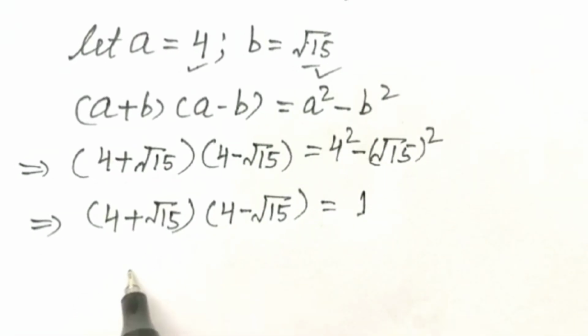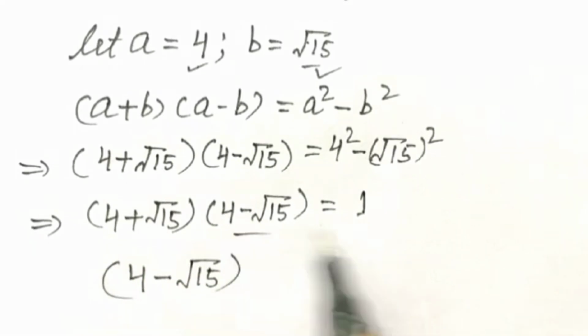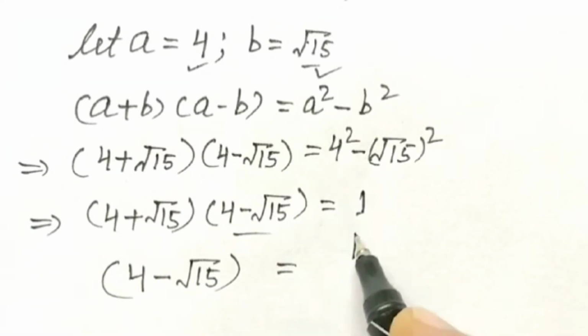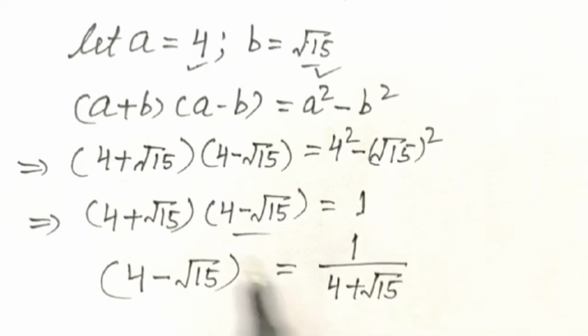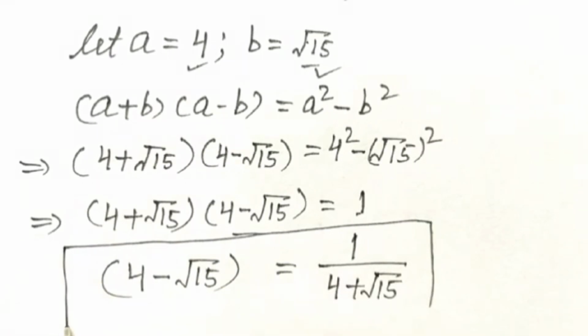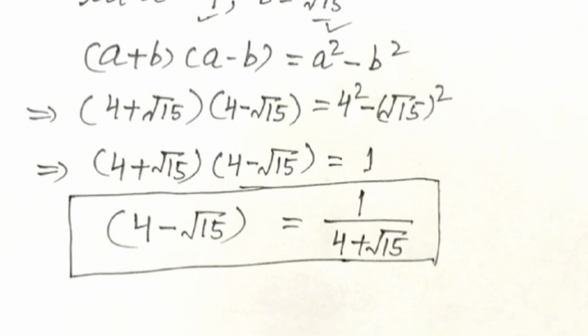So 4 - √15 will be equal to 1 over (4 + √15). To solve this equation, this will be our key step.